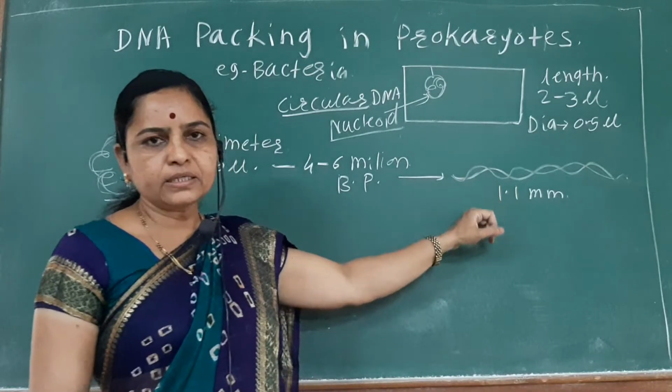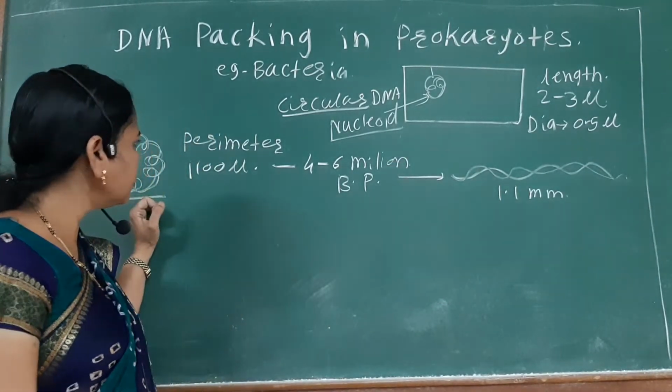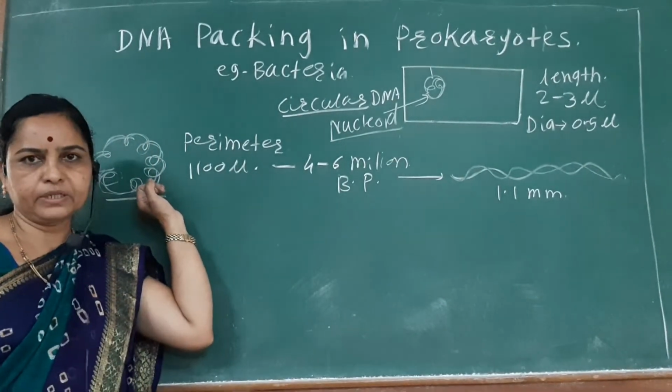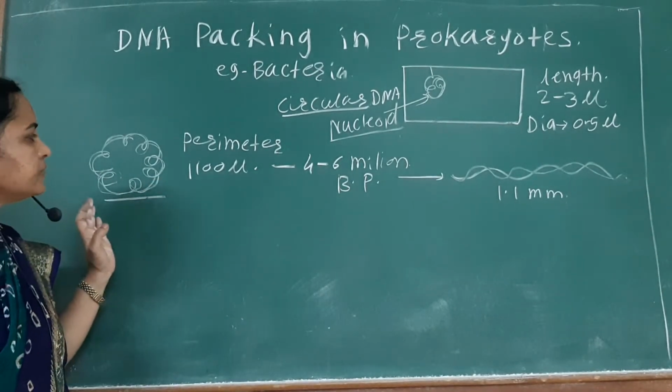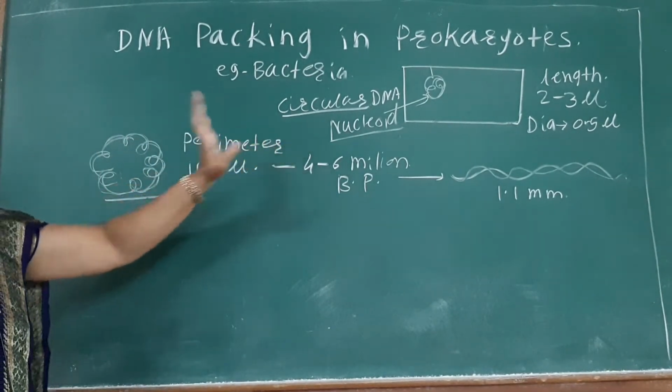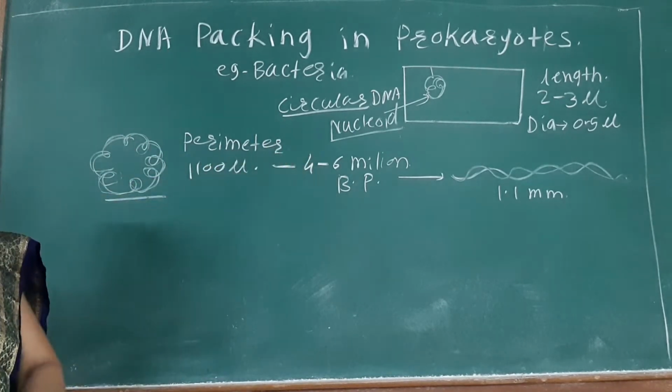This stretched 1.1 millimeter DNA is accommodated in the form of the circular DNA, known as the nucleoid.